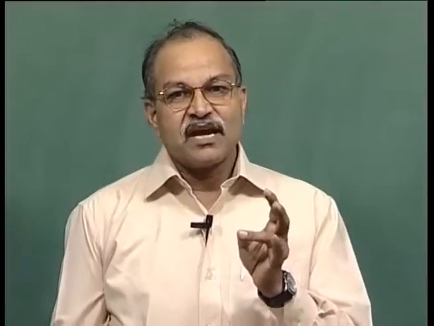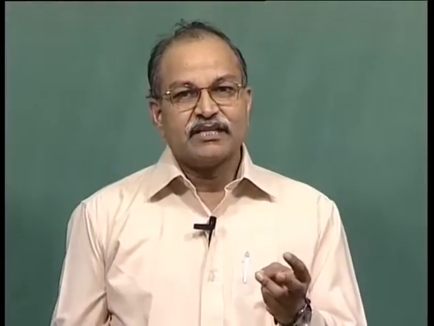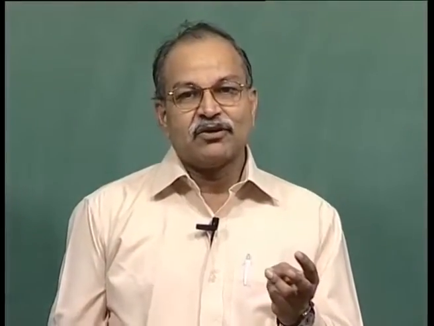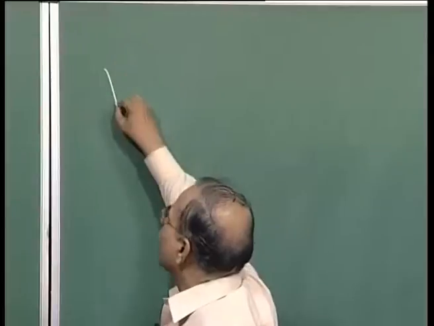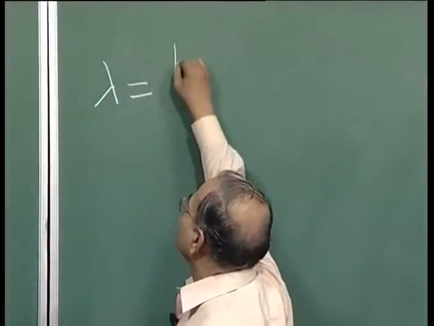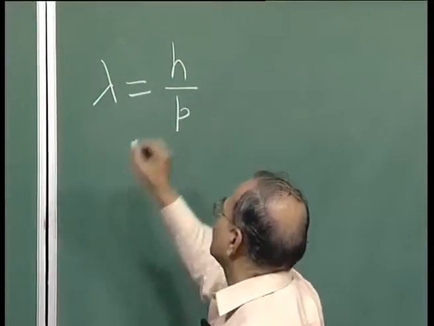High energy electrons. Electrons have particle properties, electrons have wave properties, electrons have wavelengths, and that wavelength is dependent on its momentum. That is known as the de Broglie relation. That wavelength is Planck's constant h divided by p.